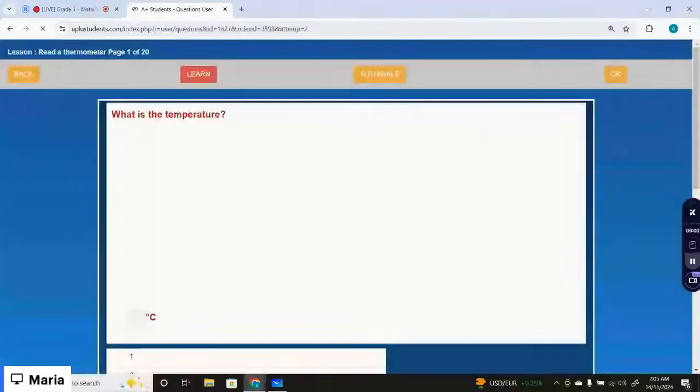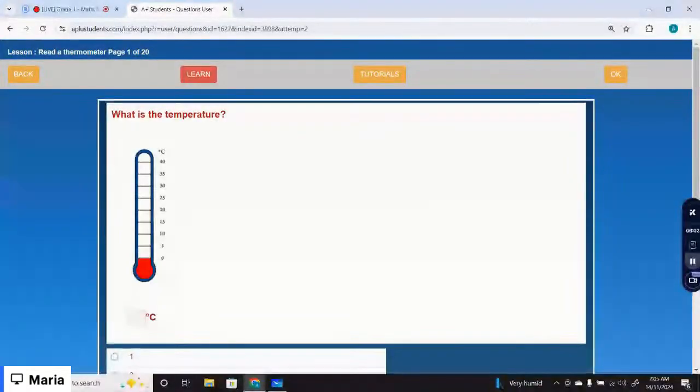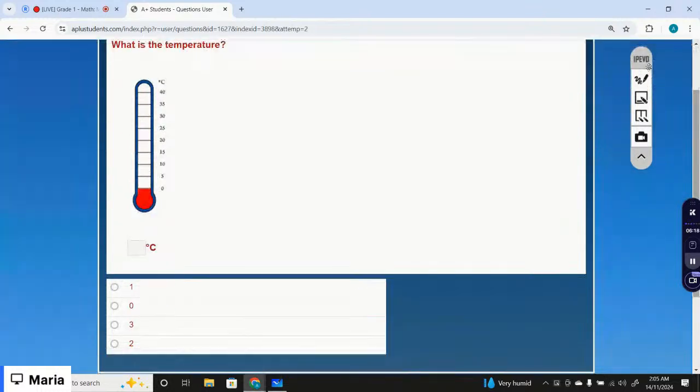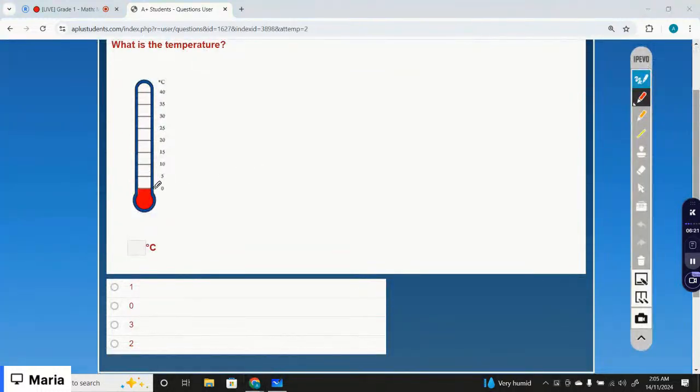Let's see how we read the temperature. So what is the temperature? You need to match the line where the color is changing from red to white. So just match this line. The line matches with 0.